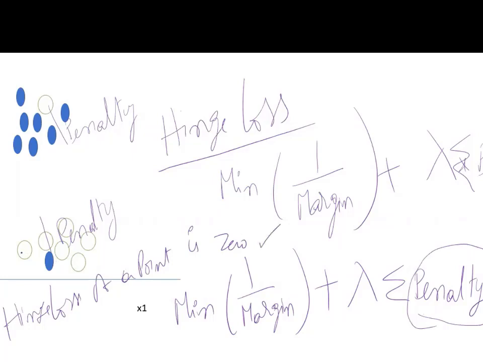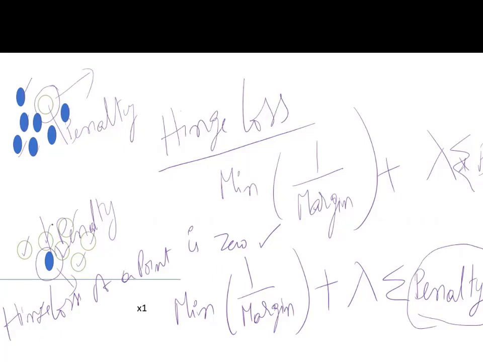If it is right, this is 0, this is 0, this is 0. For all these, hinge loss is 0. But for whichever are not separable, those two will have hinge loss.